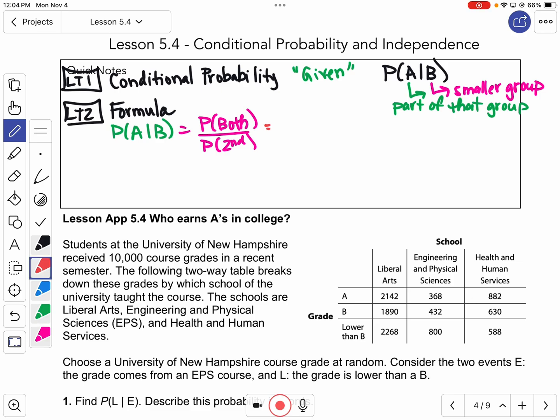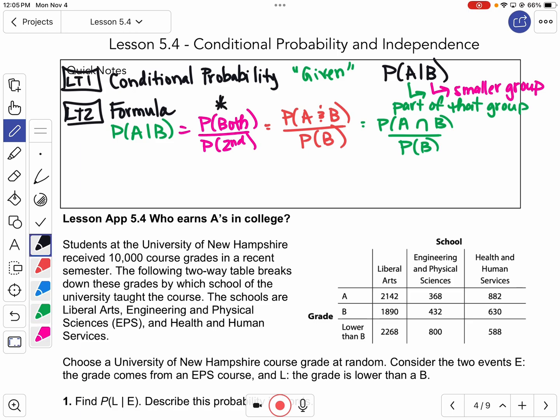The way we get that is probability of A and B over the probability of B. That's the notation you'll see. Remember we saw that big U last week, or maybe the week before, and it represented or. They also use this: it's a U, but it's upside down, for and. The way I think about it is right there. That's how I think of it.